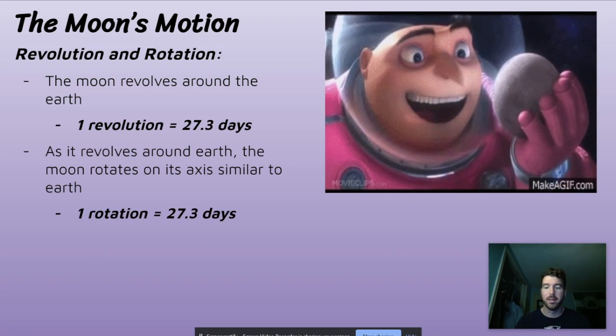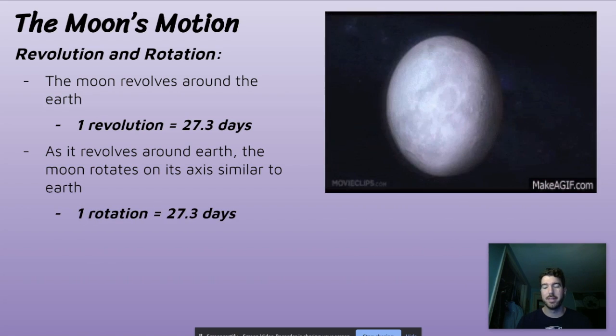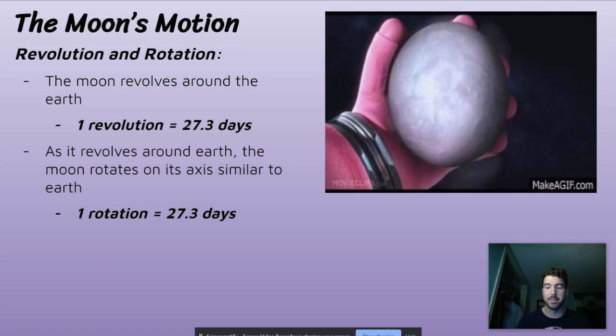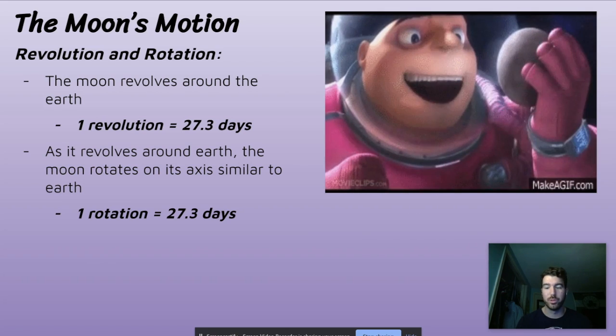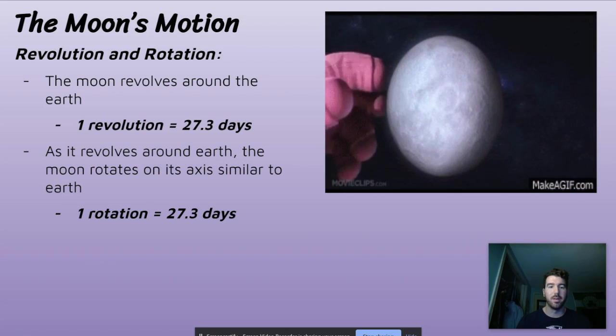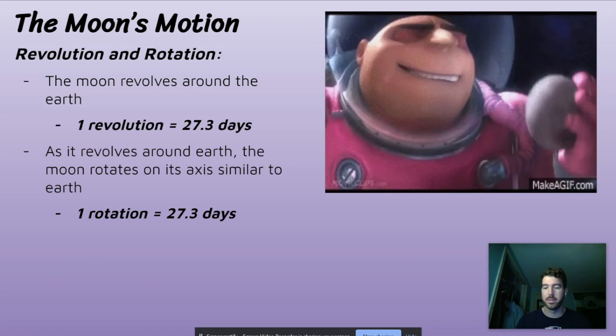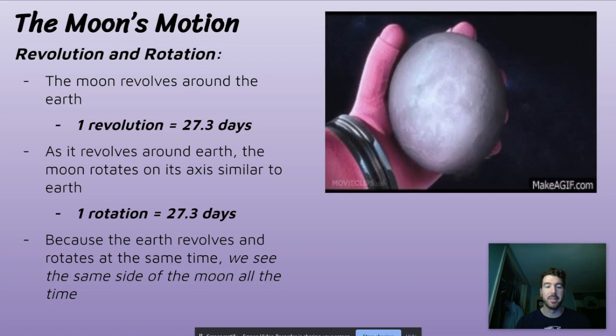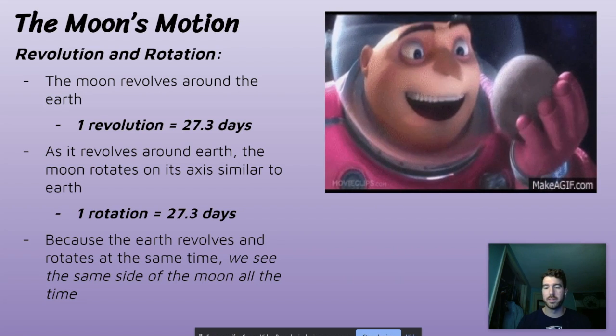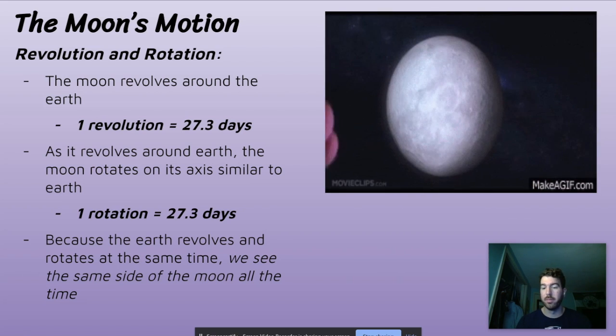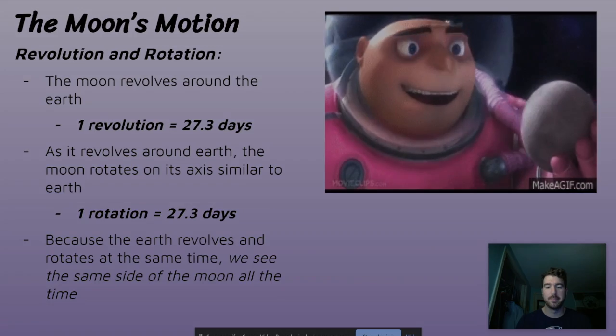It doesn't look like it, however, because it takes 27.3 days to do one rotation as well. So the amount of time to revolve and rotate are the same. And because of this, we see the same side of the moon all the time.